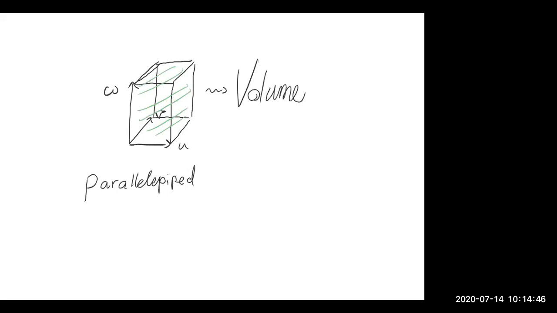When the sides are u, v, and w, the volume is equal to the triple product of u, v, and w, which is u dot v cross w.